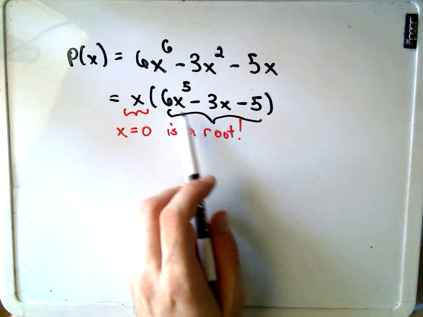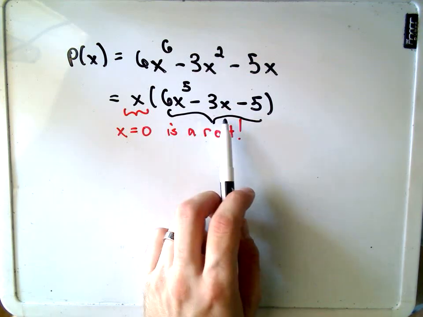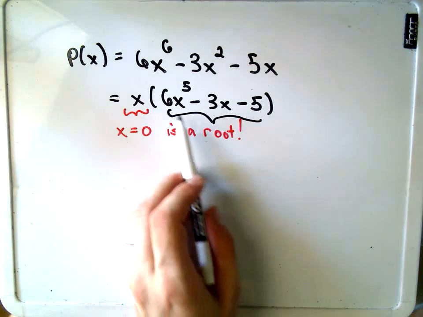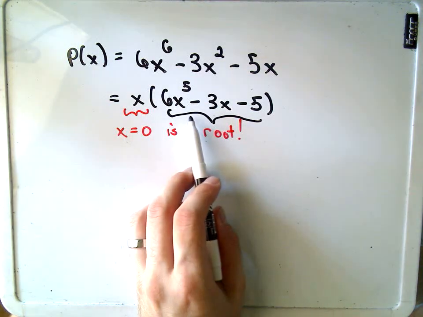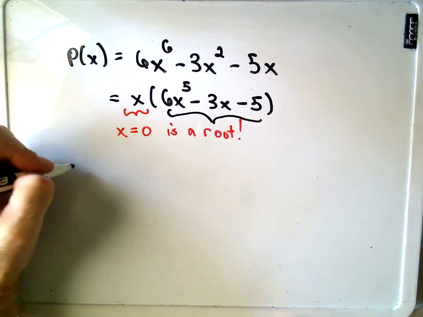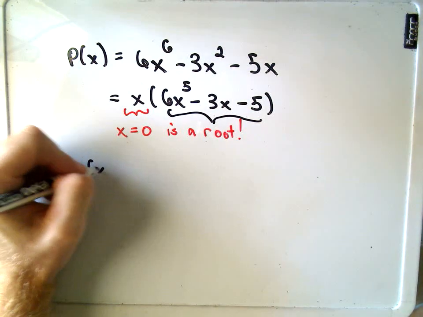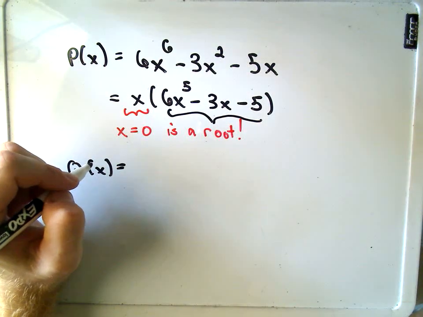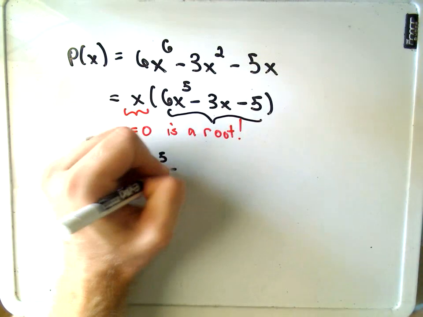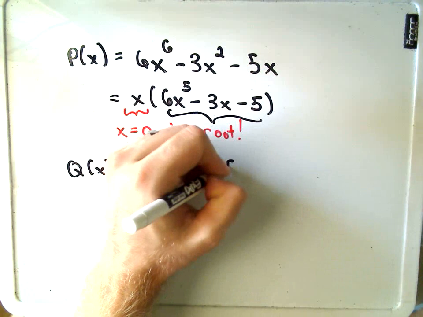We'll just use Descartes' rule of signs on this part. Maybe I'll call it q of x, just to give it a different name. So we've got 6x to the 5th minus 3x minus 5.